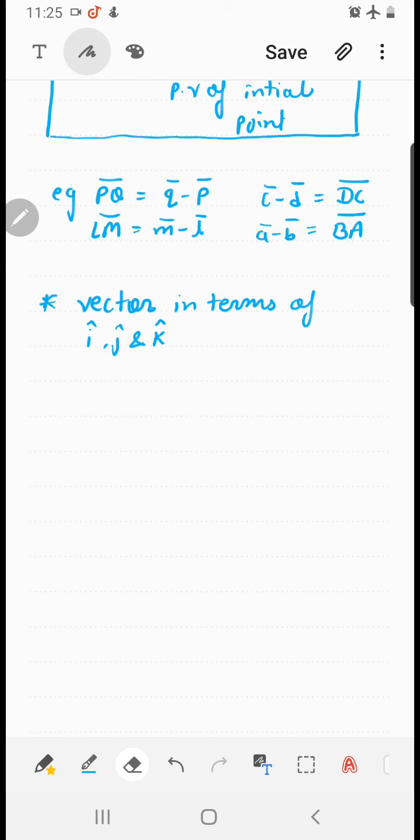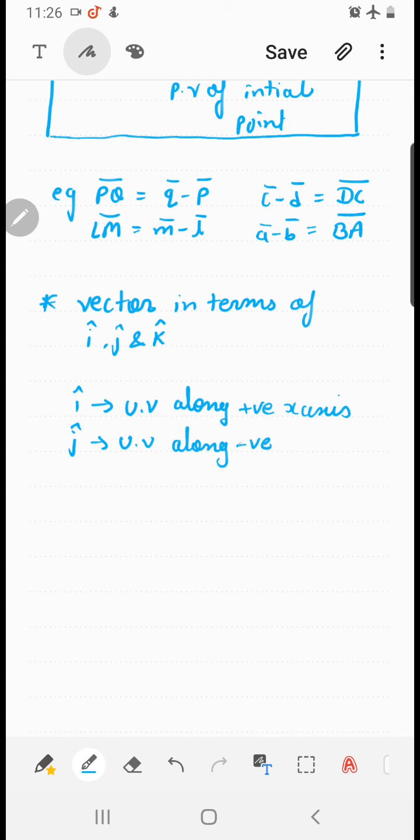Okay. So what is i cap? It is the unit vector along the positive x axis. Likewise, what is j cap? It is the unit vector along the positive y axis. And what is k cap? It is the unit vector along the positive z axis.